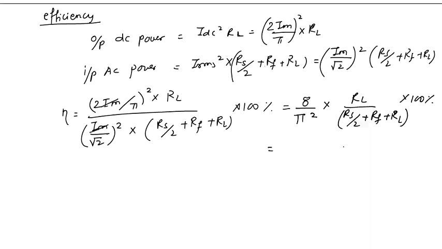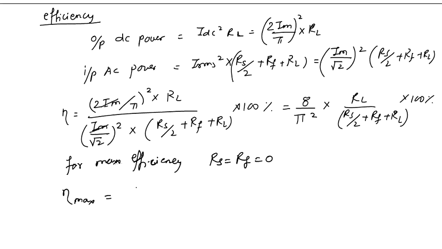We don't know RS, RF and RL. So for maximum efficiency, we take RS equal to RF equal to 0, so eta max will be equal to 8 upon pi square into 100%, which is nearly 81.2%, that is double that of the half wave rectifier.